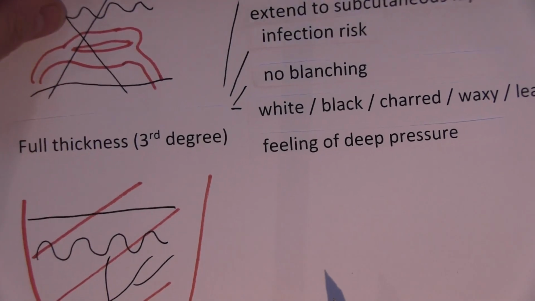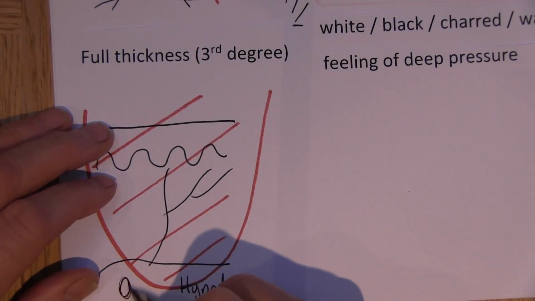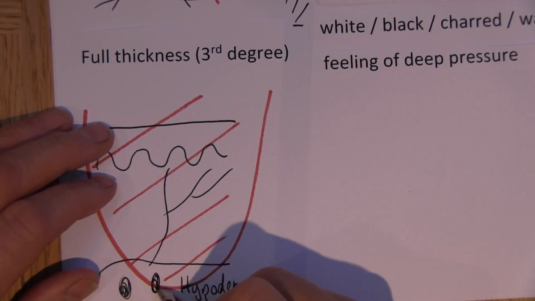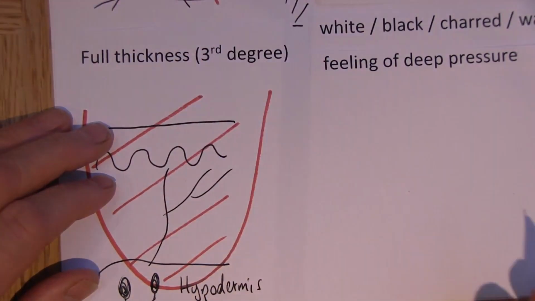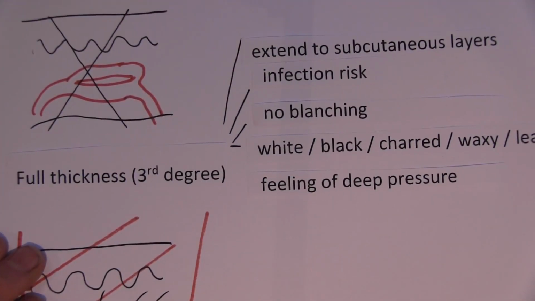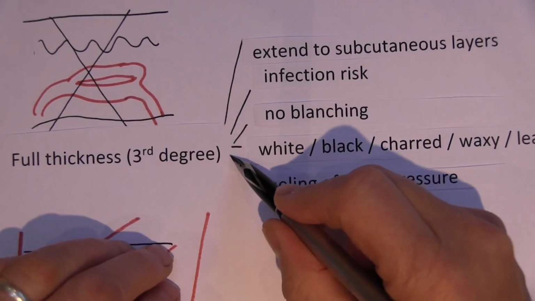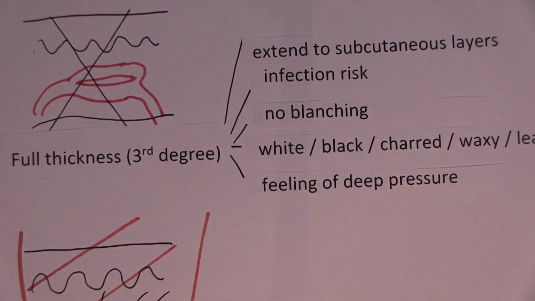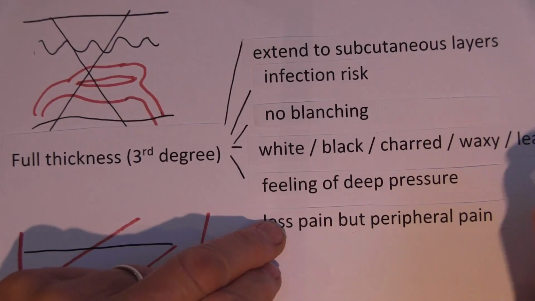But some pressure receptors are very low, even in the hypodermis. So sometimes pricking with a sharp needle can give a feeling of deep pressure from preserved pressure receptors low down. And because the nociceptors are all burnt away, there's less pain.